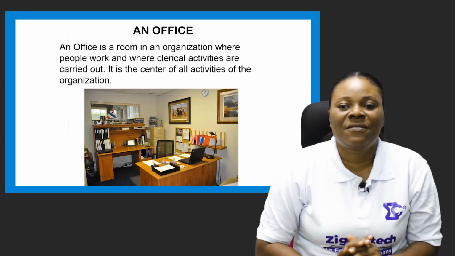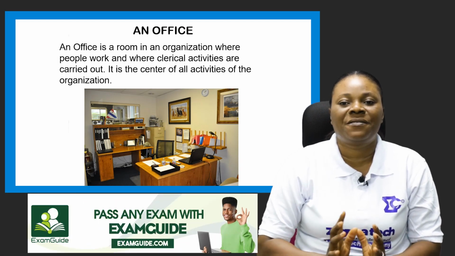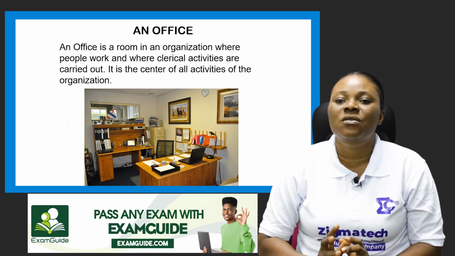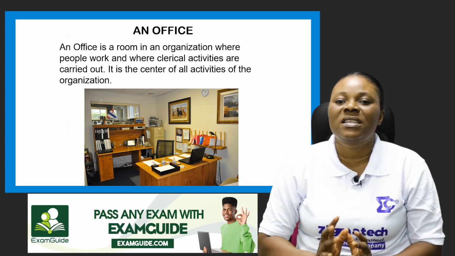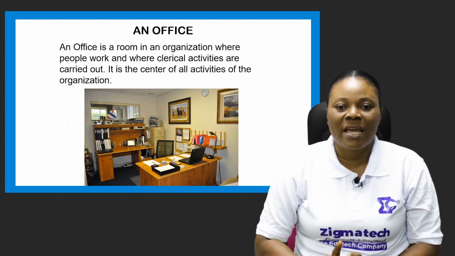So we begin with the definition of an office. How well can an office be defined? An office can be defined as a room or a place set aside in an organization where people work. I take it again.